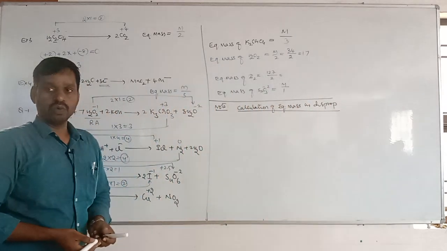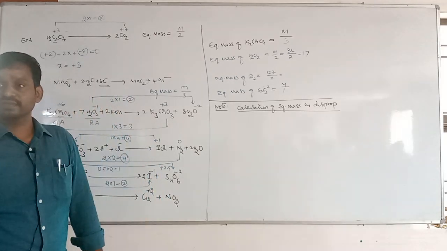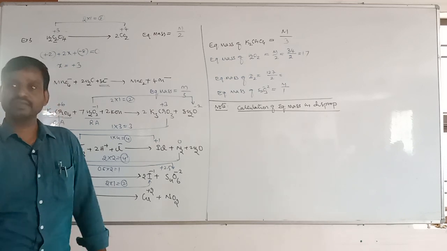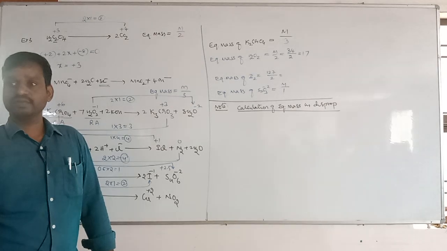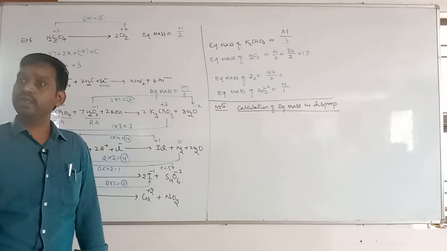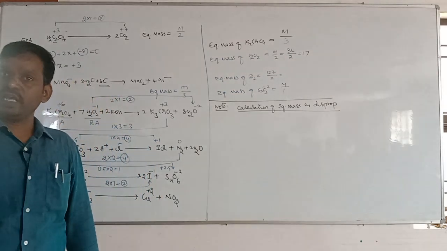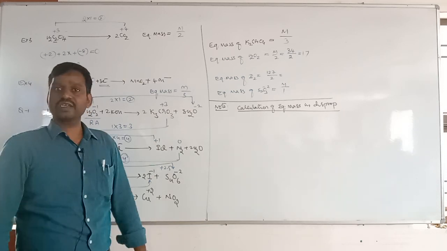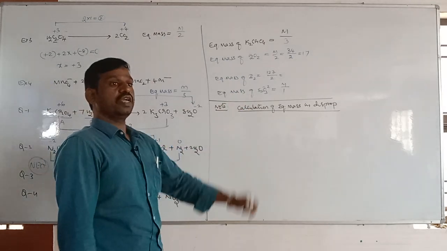What is a disproportionation reaction? The redox reaction in which the same element undergoes both oxidation and reduction is called a disproportionation redox reaction. In a disproportionation redox reaction, how to calculate equivalent mass?